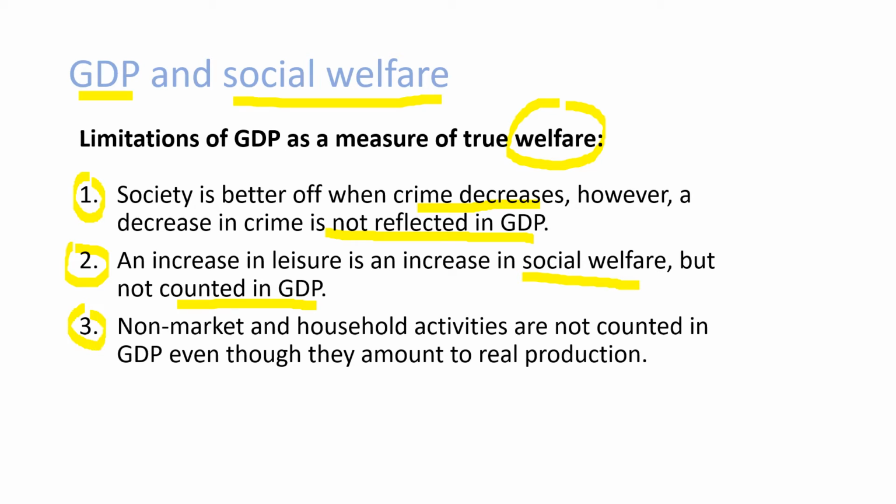And the third limitation is that non-market and household activities are not counted in GDP, even though they amount to real production. So as a result, it does not account for domestic and voluntary work, even though these activities have a considerable positive impact on social welfare.